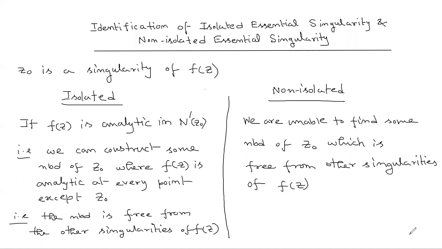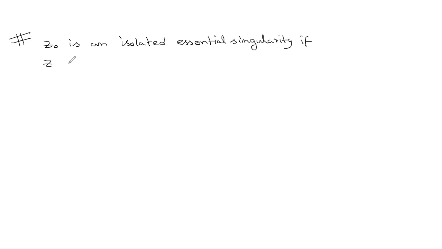Now let's see how to identify isolated and non-isolated kind of singularities. So here we have a very important theorem that says Z0 is an isolated essential singularity if Z0 is a limit point of the set of all zeros of the function fz.